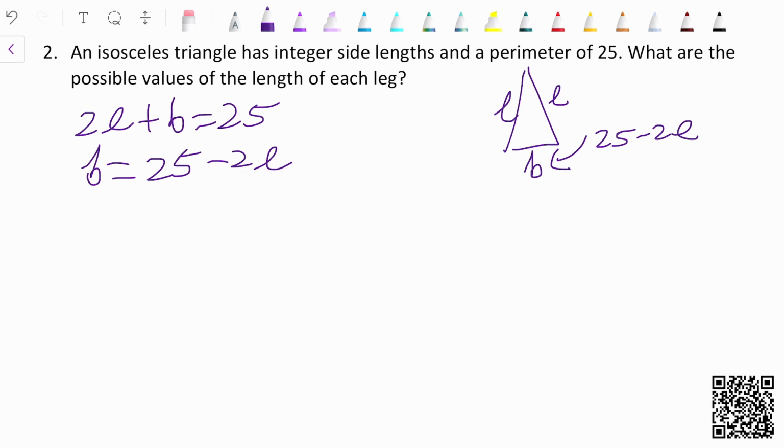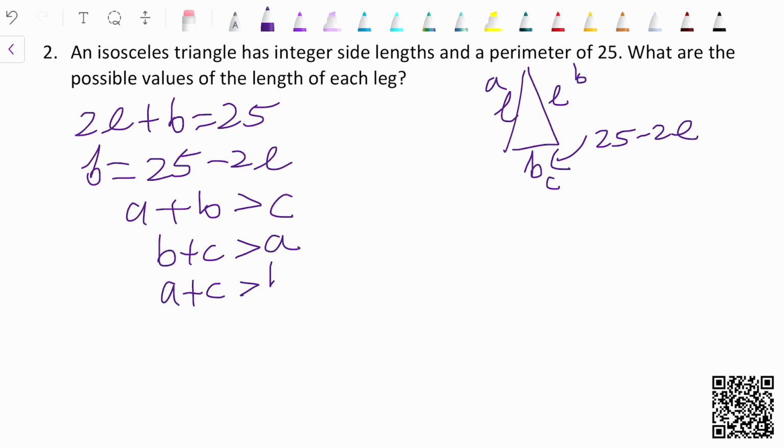Let's deem this A, B, and C, I guess, even though A and B are equivalent in this case. So, A plus B is greater than C, B plus C is greater than A, and A plus C is greater than B.